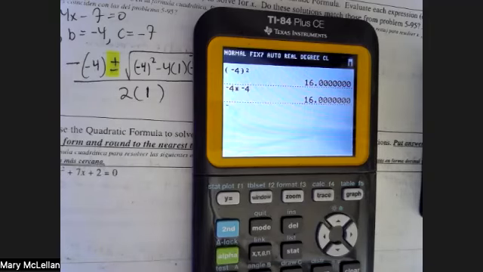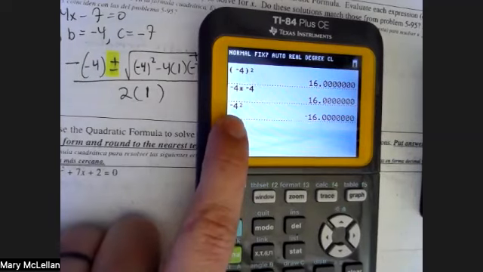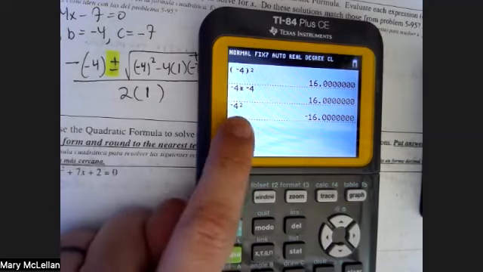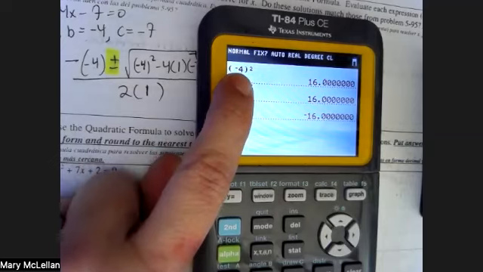But if I leave off the parentheses, it gives me negative 16. That's because here the calculator doesn't know that you're also asking it to square the negative part. If you're really careful, you leave those parentheses.